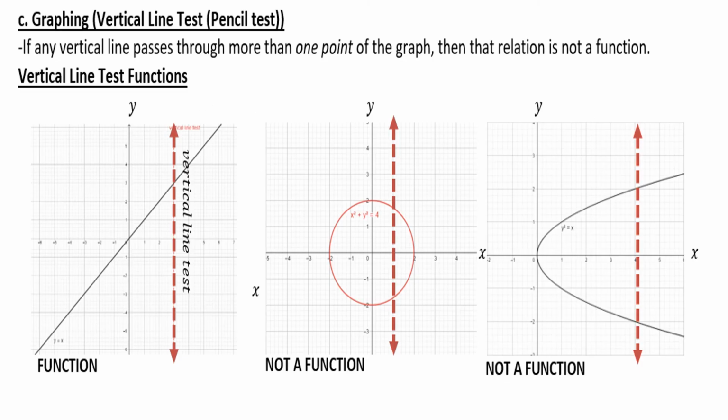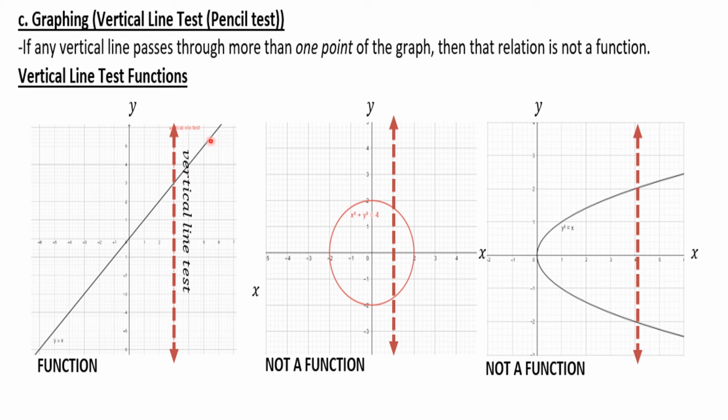Okay, so this is the easiest way of presenting or knowing that it is a function. If any vertical line passes through more than one point of the graph, then that relation is not a function. So we call this the vertical line test for functions. We have here our function y equals x. This diagonal line is our function.